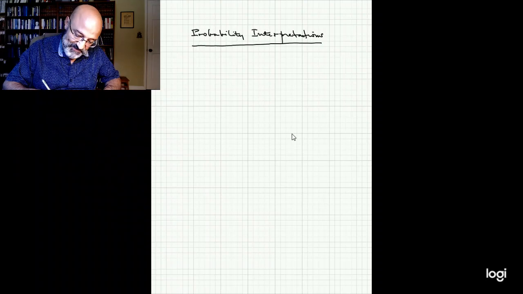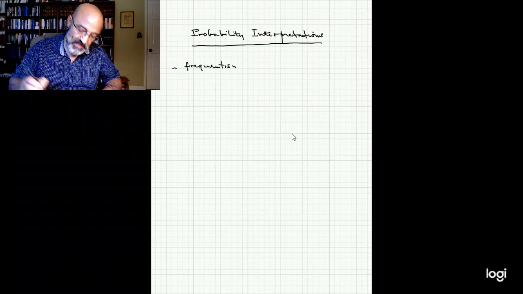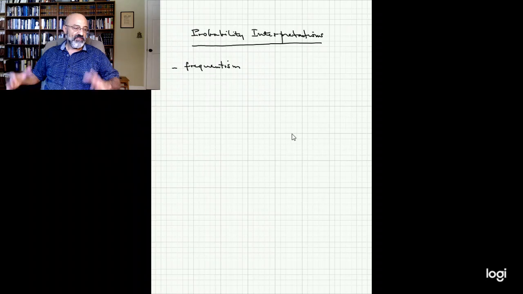One of them, the most popular one, and it's probably what you have learned, is the frequentist interpretation of probabilities, frequentism.